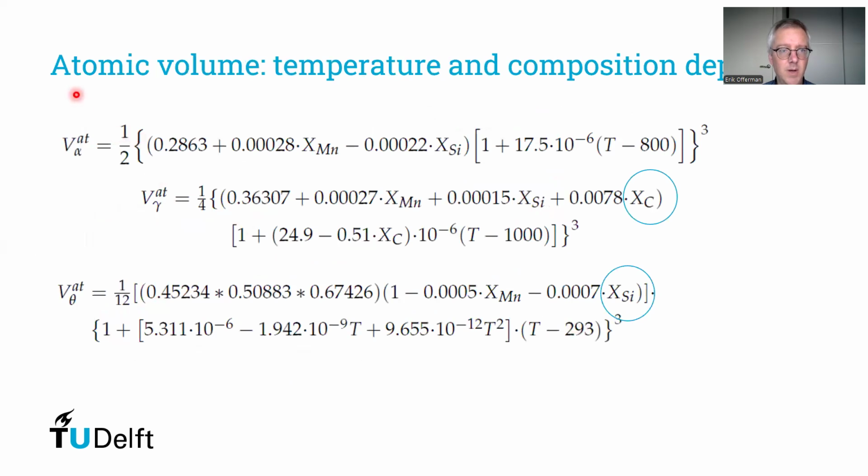So then we need to know how the atomic volumes depend on temperature and composition. And these formulas can be found in the literature, where you see temperature dependence and dependence on the concentration of manganese and silicon. This is for ferrite, for austenite, and for cementite. And you see also the dependency on the carbon concentration.